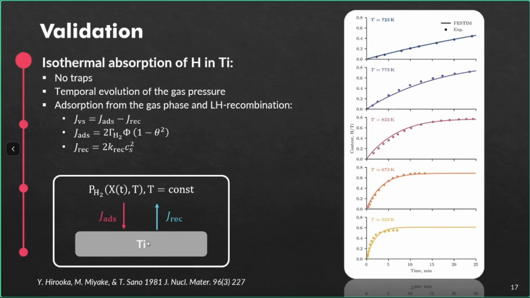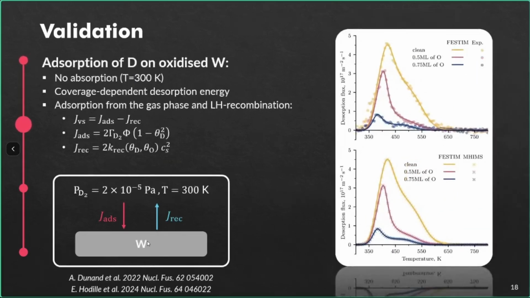Right. The second case reproduces the results on adsorption of deuterium on oxidized tungsten that were conducted at room temperature. So no absorption was considered, and the surface processes are the same as in the previous case, but we considered the dependence of the desorption energy on the local coverage of hydrogen and oxygen, making this a highly nonlinear problem.